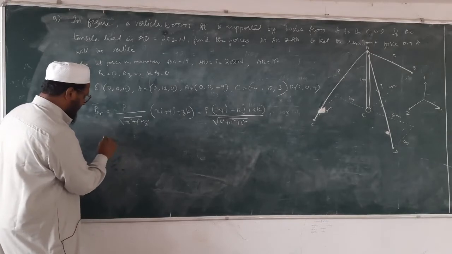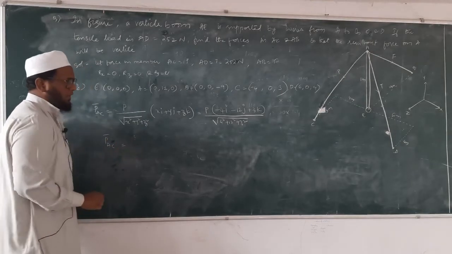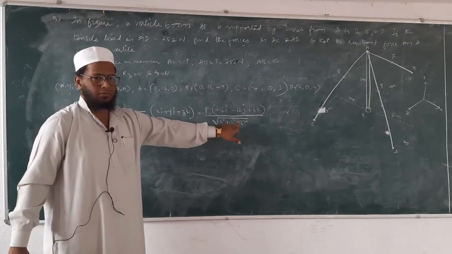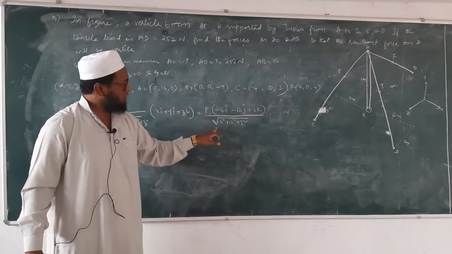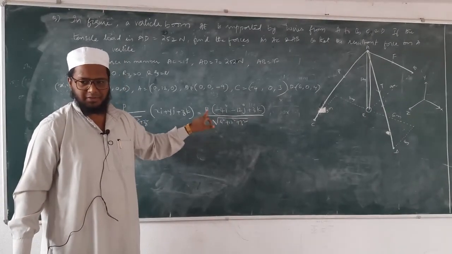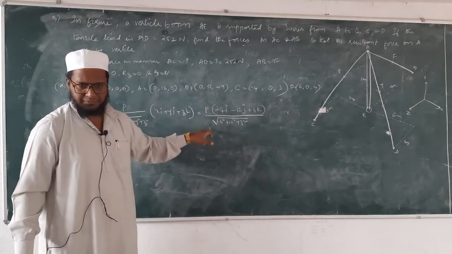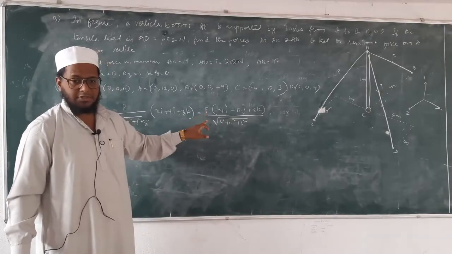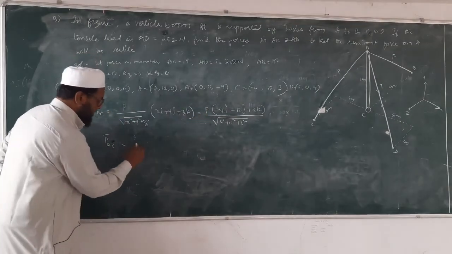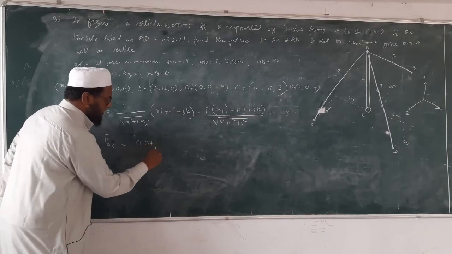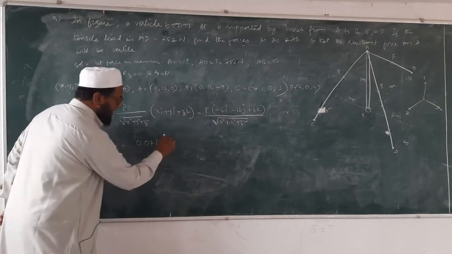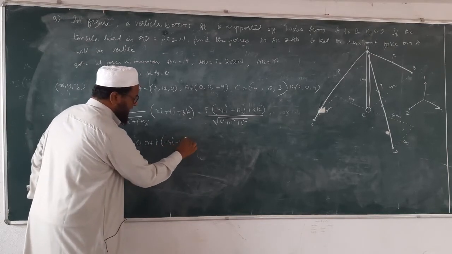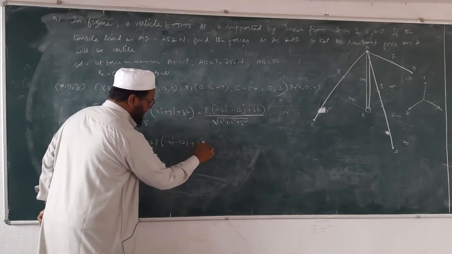So force vector AC is equal to, tell me, how much is this value? 13. This is 13, right? So 1 by 13 is how much? 0.07. So 0.07 P into minus 4I minus 12J plus 3K.